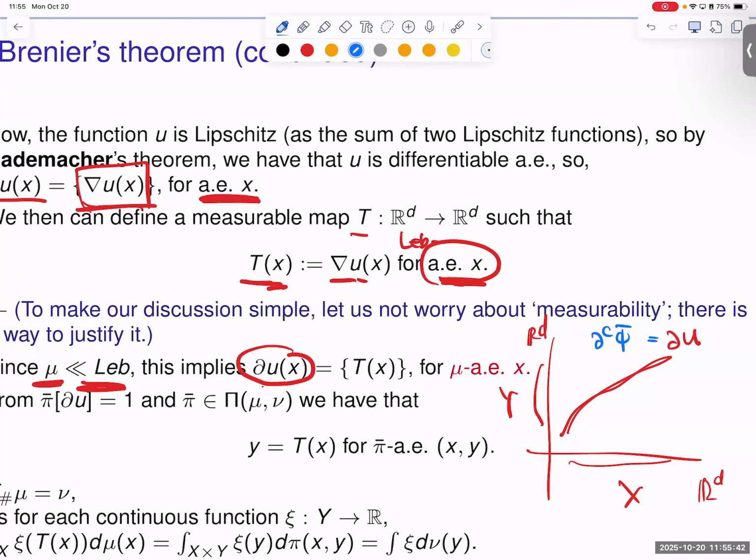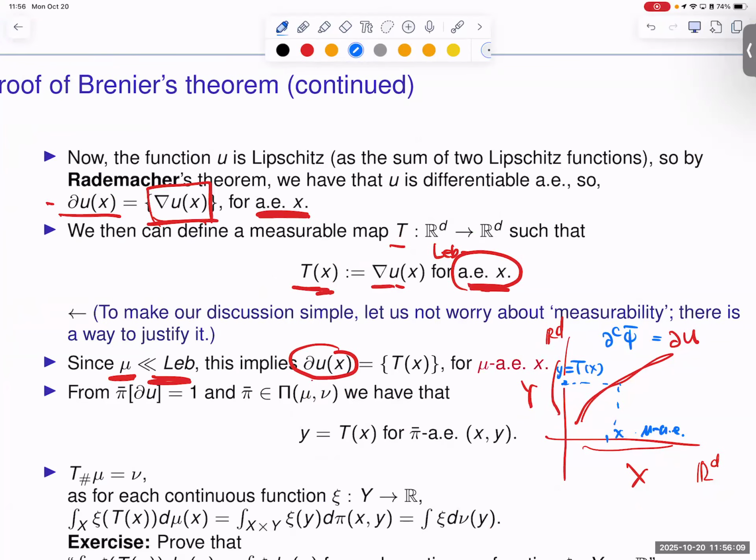And then for mu almost every x, we now define T(x) as our y.